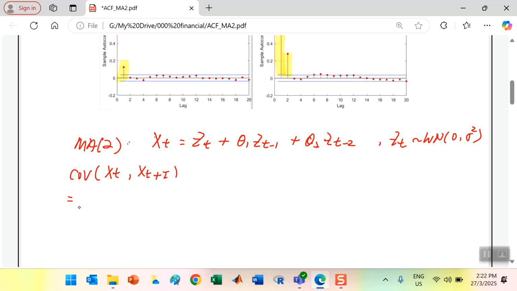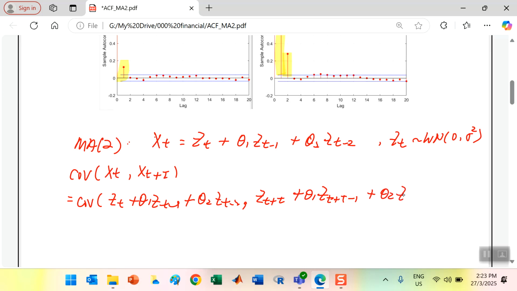For Xt, you can rewrite the equation in this form: Zt plus theta 1 Z(t-1) plus theta 2 Z(t-2). Then for t plus tau, you have Z(t+tau) plus theta 1 Z(t+tau-1) plus theta 2 Z(t+tau-2). This is the covariance we would like to develop.